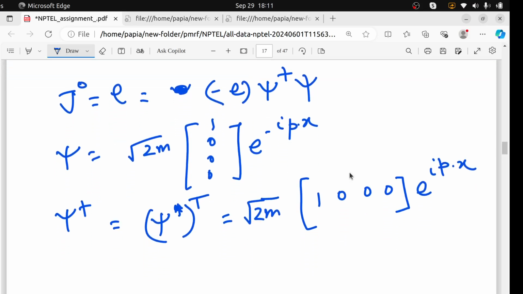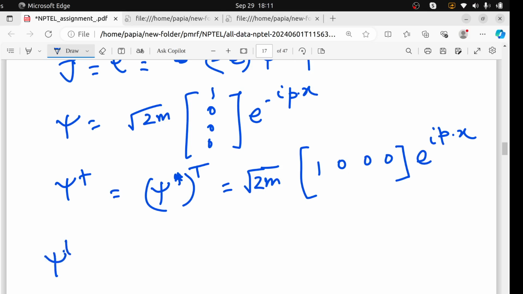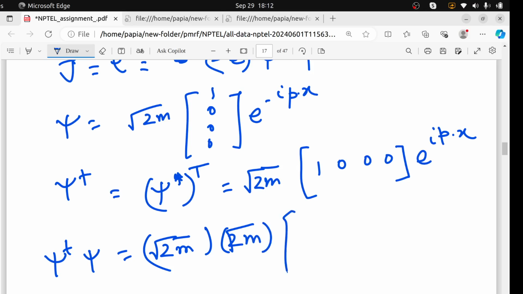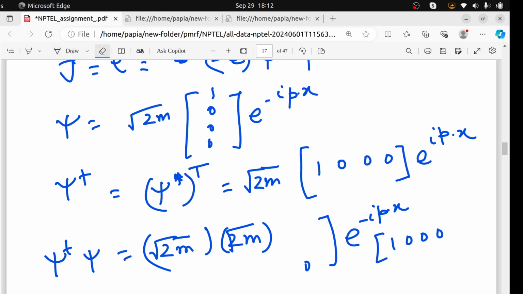So psi dagger psi will be root 2m times root 2m. Obviously the first entry will be in the row as 1, otherwise it will not give the 1 component.